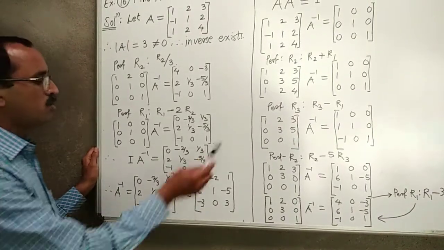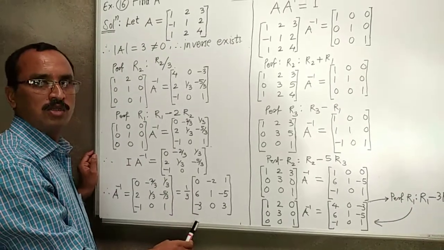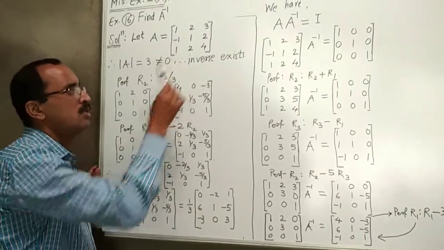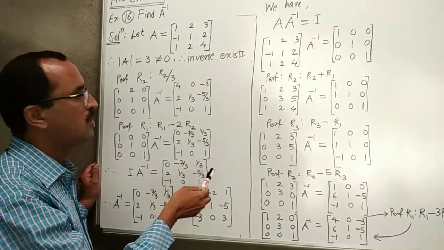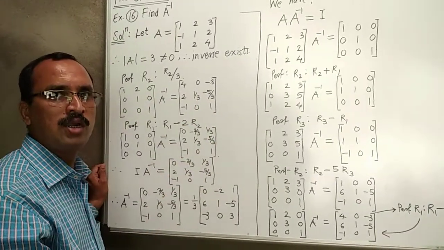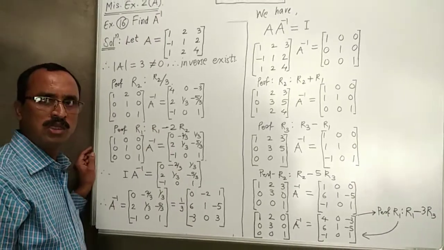So in both methods, the inverse of this matrix A is the same. In this way we solved the same example in both methods. First one I solved by the method of adjoint, and the second method we used is the row transformation method.